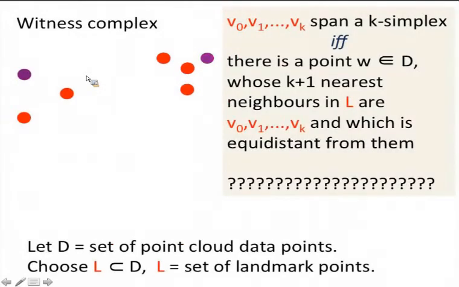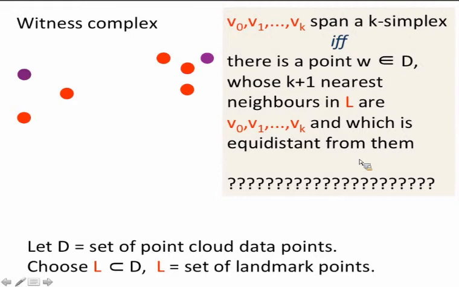So in the witness complex, we can say that these things will span a k-simplex, but now I'm restricting to only red vertices, if and only if there is a point W in my data set whose k plus 1 nearest neighbors in L are these, and which is equidistant from them.